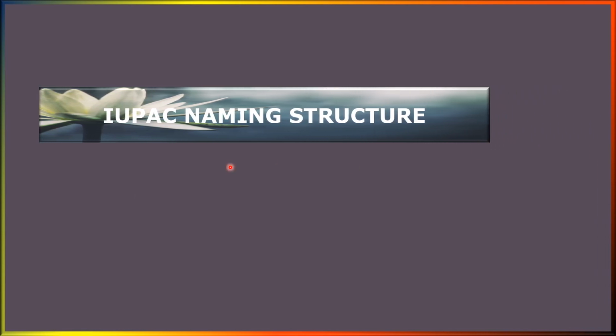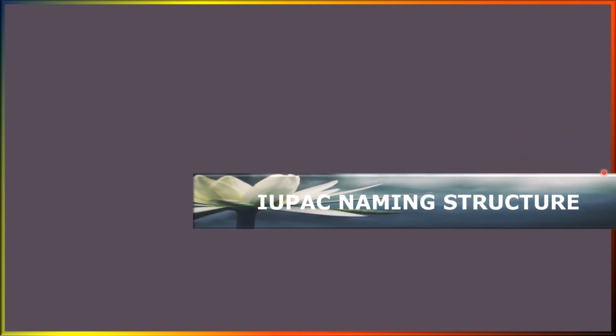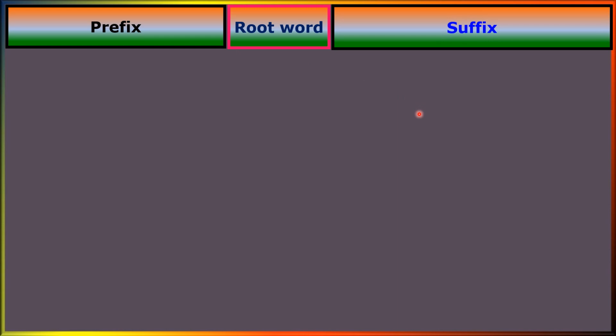The IUPAC naming of an organic compound consists of three parts, namely root word, prefix, and suffix. The root word represents the largest continuous chain of carbon atoms, known as the parent chain. It provides the basic name for the compound.